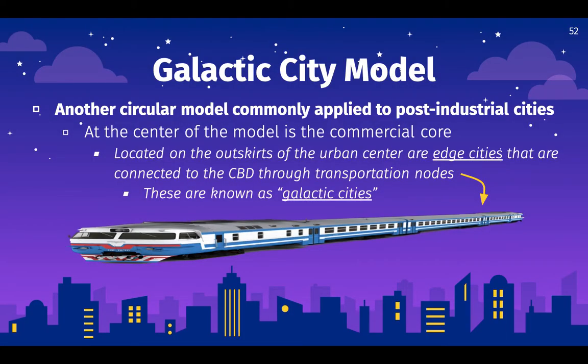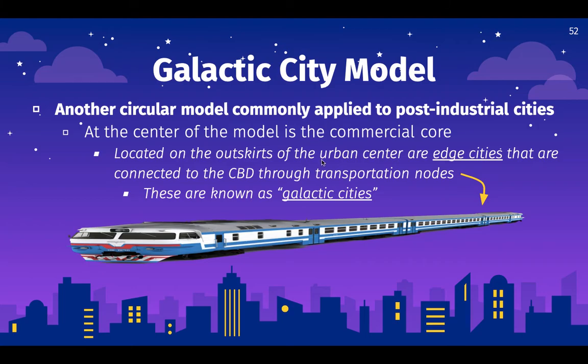And today, we have the development of the galactic city model. And what this represents, what this means, is that in the post-industrial era, these cities have developed into a network of cities, right? It's not just one focal point. There are multiple edge cities around the outskirts of an urban center that are economic powerhouses and have a lot of big businesses in their own right.